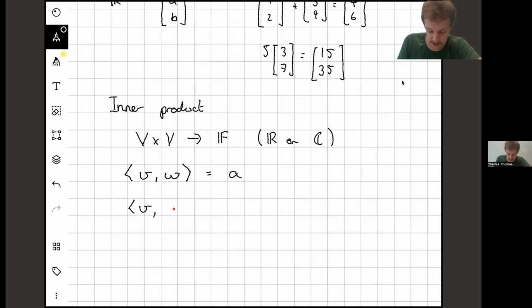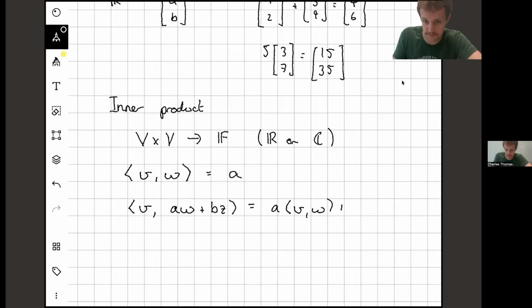So what I mean by this, if I put some addition and scalar multiplication inside here, then this must be the same as a times <V, W> plus b times <V, Z>. So if there's numbers, I can pull them out the front. It splits over addition. And this property is called linearity.